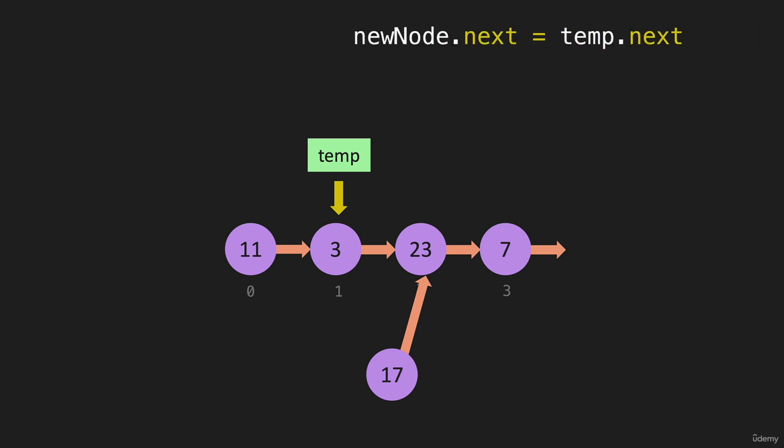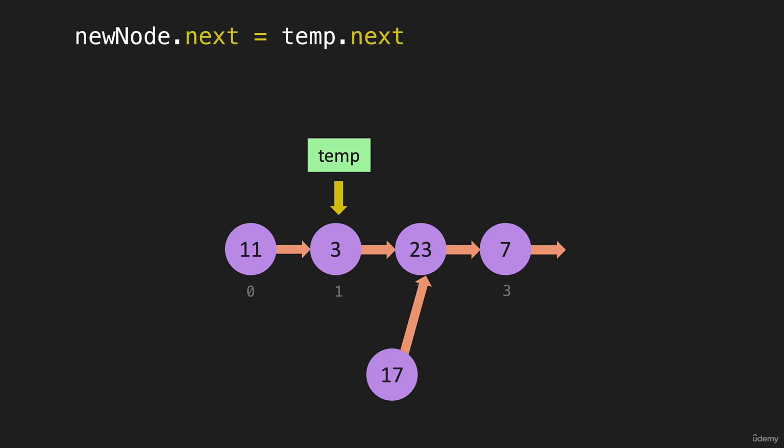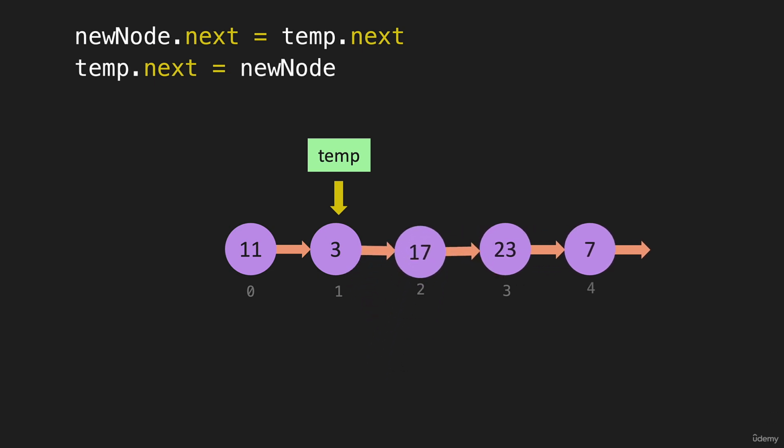We'll do that with this line of code: newNode.next equals temp.next. Then we want to have temp.next point to the new node like that. We'll do that with this code here: temp.next equals newNode. And that will insert that node into the linked list.